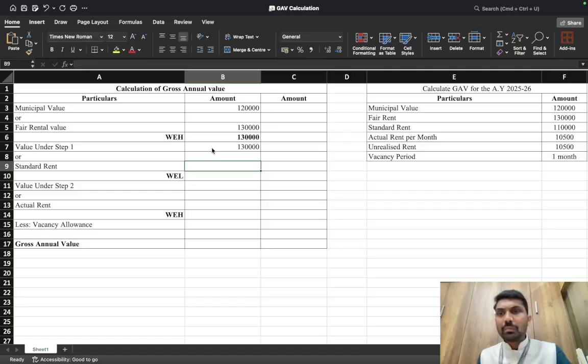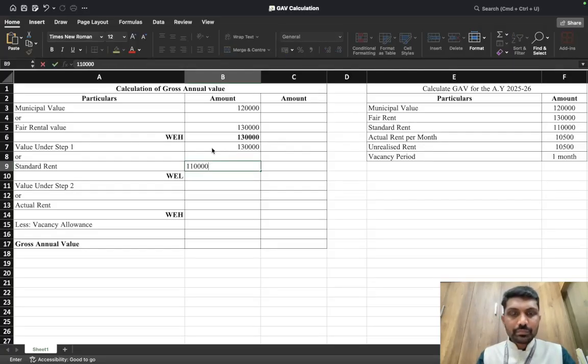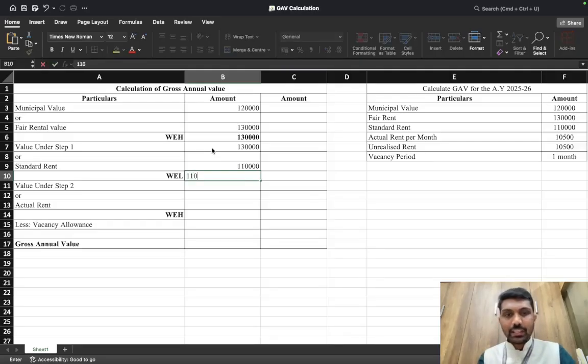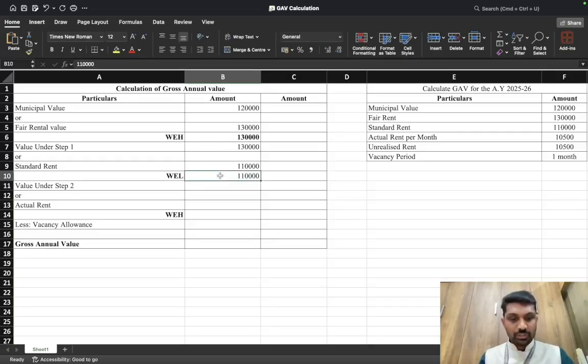So we have to compare both values, 1,30,000 and 1,10,000. In this, whichever is less should be considered as the answer for step number 2, and that answer should be considered for step number 3. So here the lesser value is 1,10,000, and we are taking that 1,10,000 to the next step.